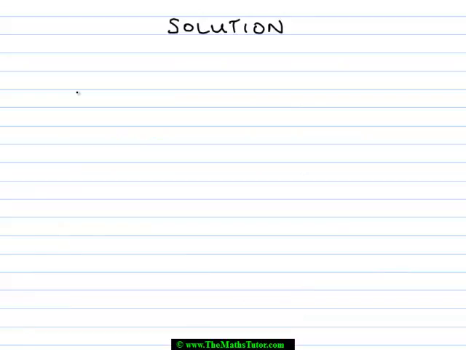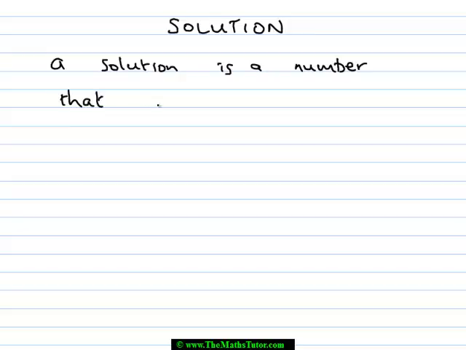For an equation with one variable, a solution is a number that makes the equation true. So when you put the solution in place of the variable, then the equation is true.